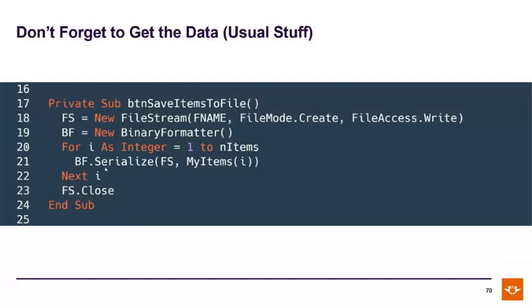So serialize, all it does is simply take the file stream and take the item, convert it into binary, and place it inside the file stream. But it only saves one object at a time, and that is why we need to do it in a for loop so that we can do the items one at a time. All it does is send this information to the file. That's all it essentially does.